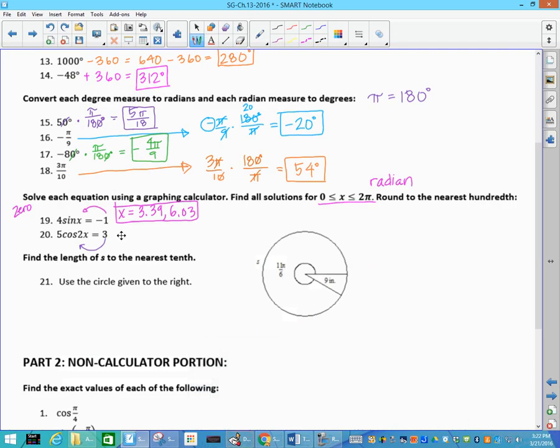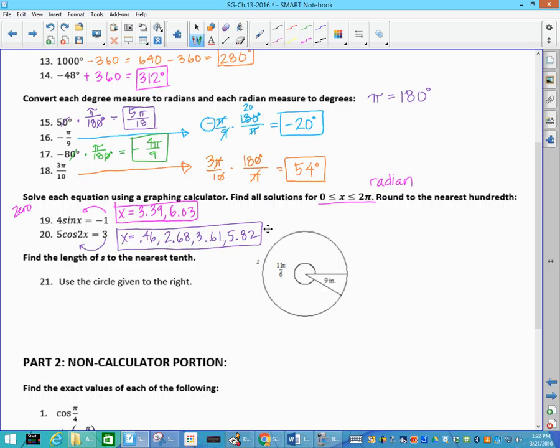You're going to write down that x equals 0.46, 2.68, 3.61, and 5.82. We've talked about this several times. Notice that there were only 2 in between here, and that 2x meant we had 2 cycles in that same distance, so now we have twice as many, which is 4.